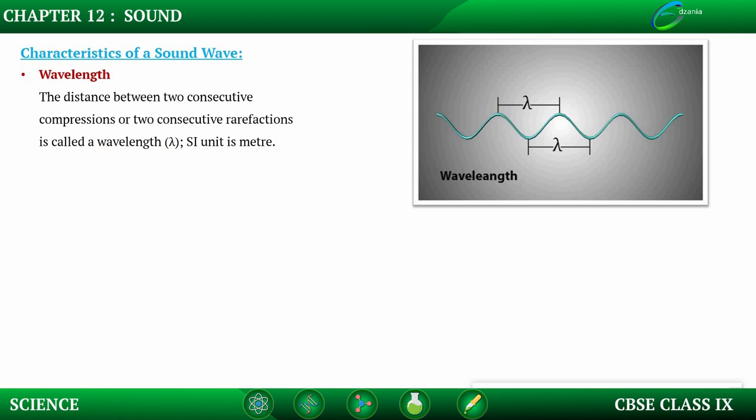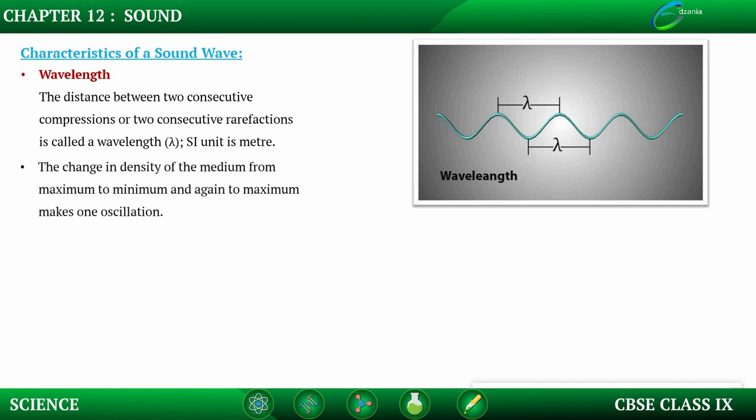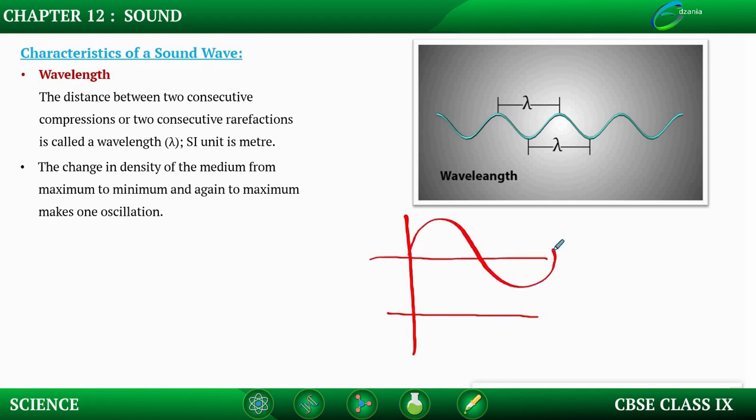So if I am saying the wavelength of a wave is more, then what we will say? It will look like, if I take two waves, one is looking like this, it is lambda 1, and one is looking like this, its wavelength is lambda 2. So we can say lambda 1 is greater than lambda 2.